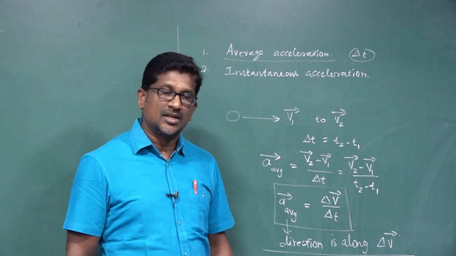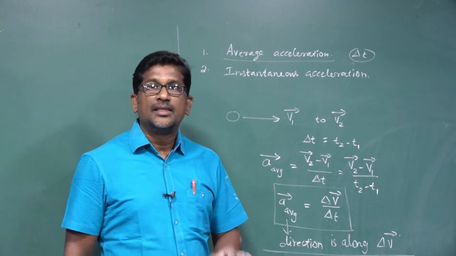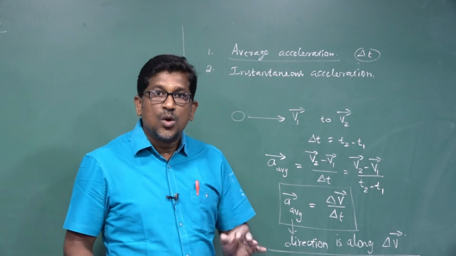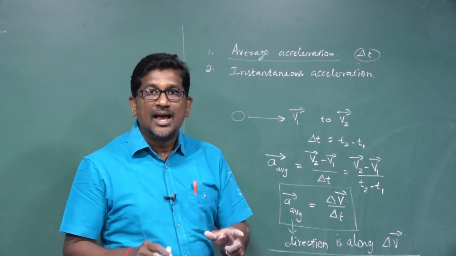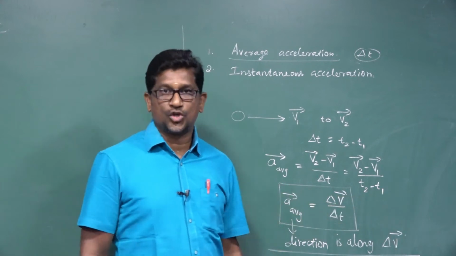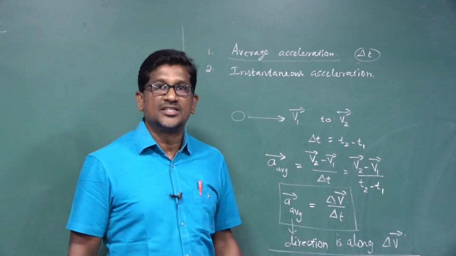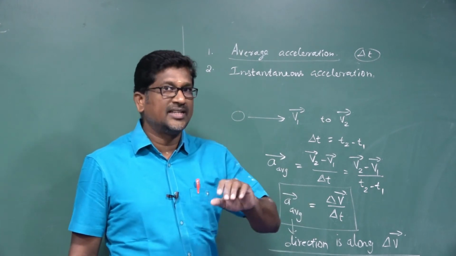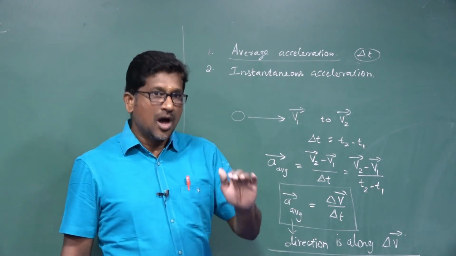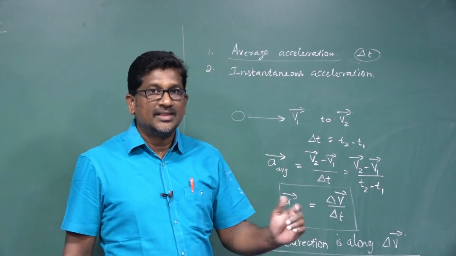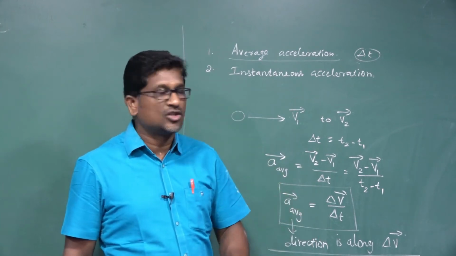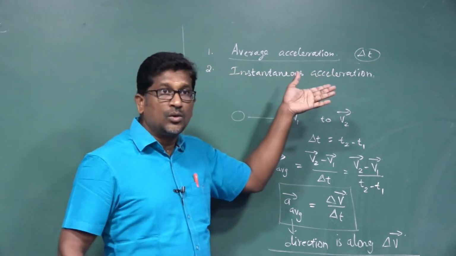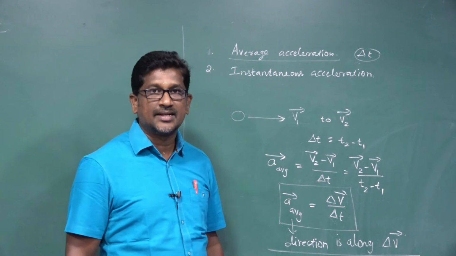It is otherwise defined as the ratio of change in velocity over the time interval del t, as del t tends to zero. Del t approaches zero, but the value of del t is not zero. If del t almost approaches zero, then that type of acceleration is called instantaneous acceleration.